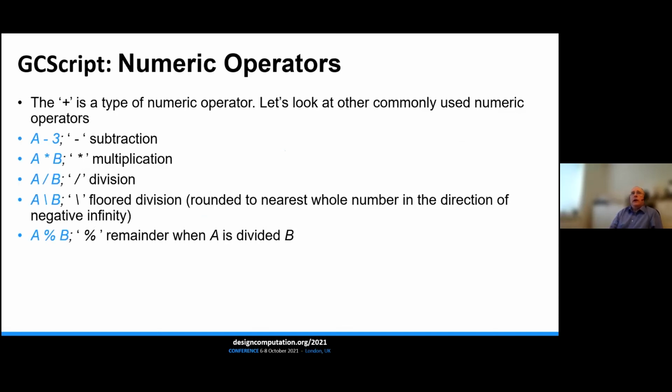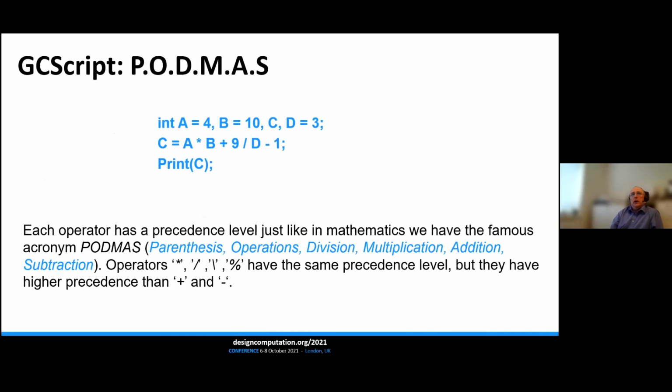We obviously have numeric operators in there. Again, I think we follow the standards from C in terms of that. And we also follow either PODMAS or BODMAS, depending upon how old you are, in terms of the order of operations, etc. Okay.